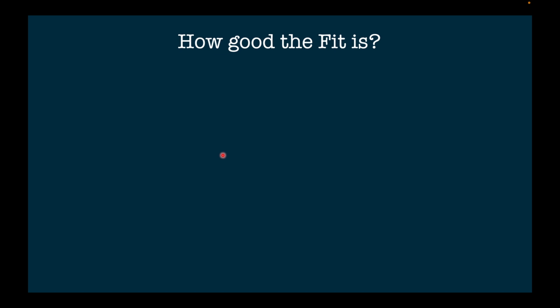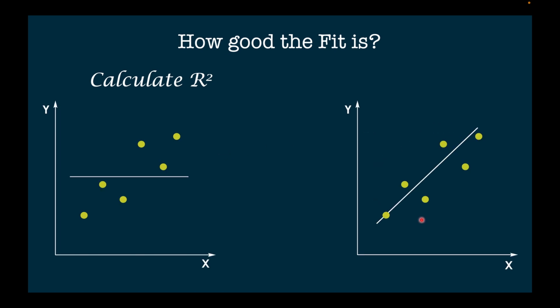Now the next big question is how good the fit is. We can get the answer in quantitative terms by calculating R square. In order to quantify the goodness of fit, we need to compare our best fit line with the horizontal or mean line.